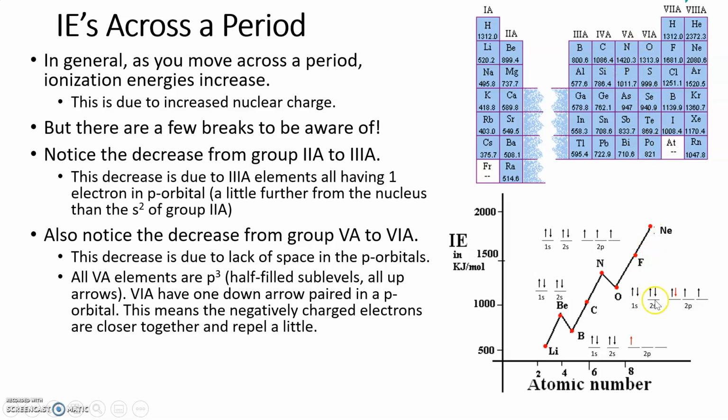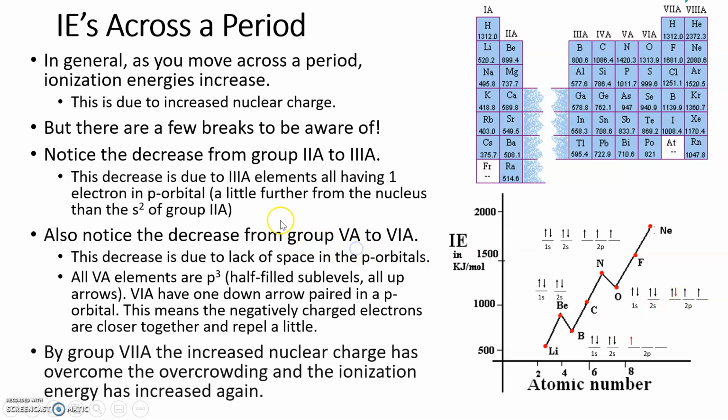It goes down because it's going to be easier to take that electron there. Once you reach the 7a group and eventually the 8a group, the nuclear charge has increased. It's a lot higher, so it's going to be a lot more difficult. We're back on track with a much larger ionization energy to take those electrons. Those protons are going to hold on to them a lot harder.